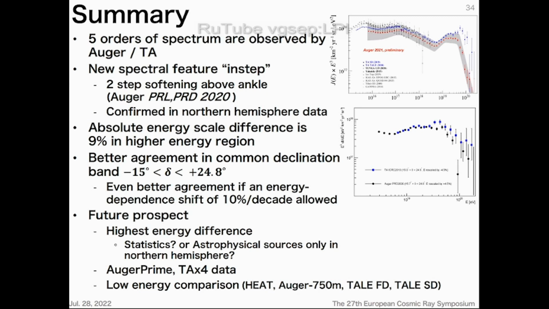For the comparison in the common declination band, their energy spectra are in good agreement, like this figure. But the higher energy region still shows differences. This is a limitation of statistics, or astrophysical sources only in the northern hemisphere.